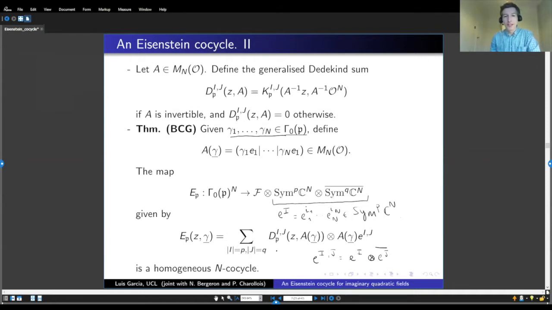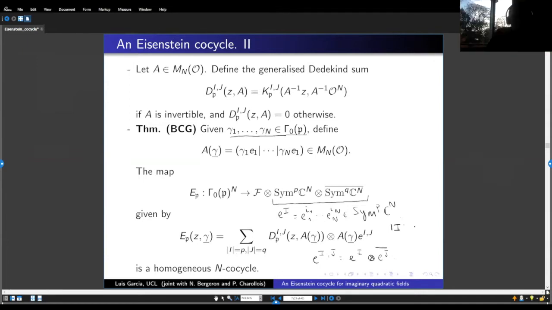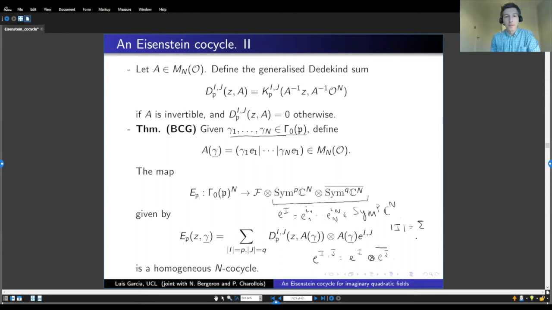Right. So here the sum is over all multi-indices whose... Luis: Isn't this an n-1 cocycle? It's a homogeneous n cocycle, but it's degree n-1. When you use homogeneous cocycles, it's a little bit confusing.